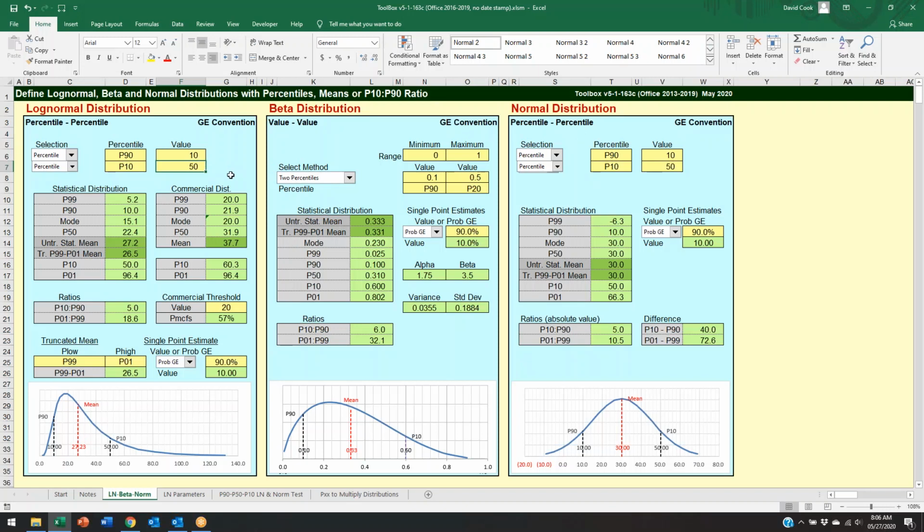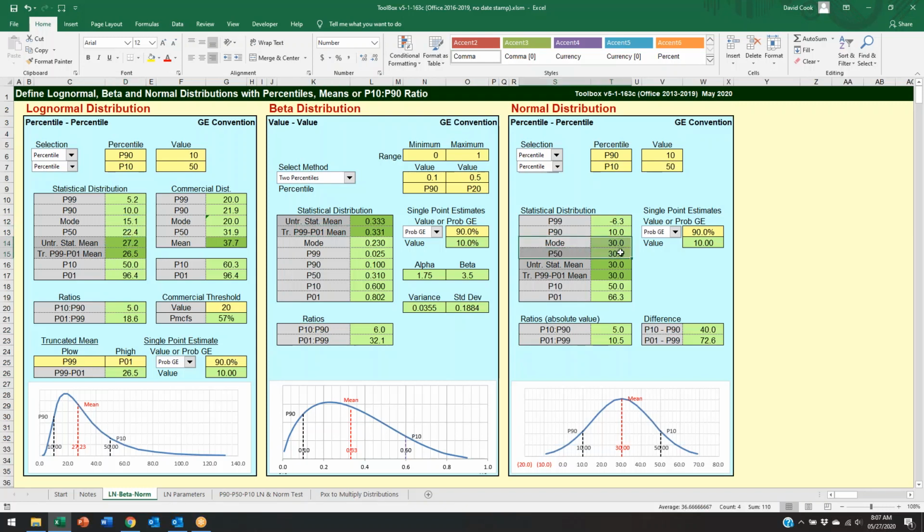One of the things that is readily apparent from the inputs in here, and the calculated percentiles are shown to you in the green cells below the yellow cell inputs, is that in a log normal distribution based upon the input percentile values, the mean is always going to be greater than the median, which is always going to be greater than the mode.